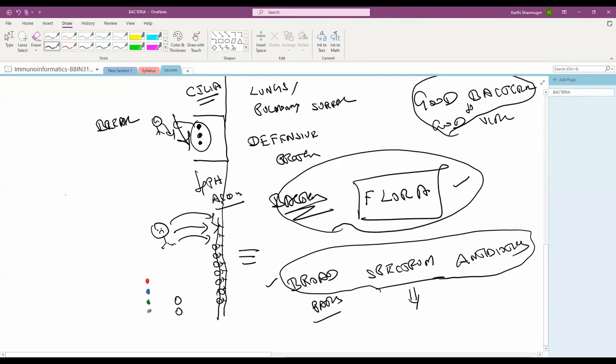Yes, sir. This flora can be on the surface of the throat. In the throat, you can see many good bacteria. If you take the pulmonary surface, you can see many good bacteria. If you take the vagina, you can see many good bacteria, right? Once you take a broad spectrum antibiotic, everything will be wiped out.